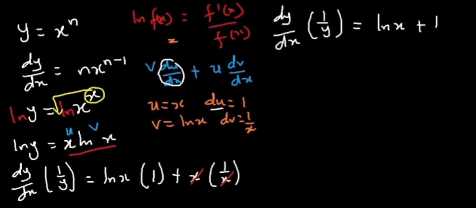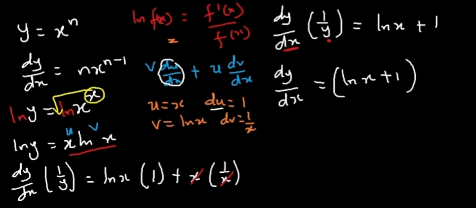Mind you, I only need dy over dx, so I need to move this to the other side. In that case, I'm going to have dy over dx equals ln of x plus 1. Then multiply both sides by this y, the y comes here.